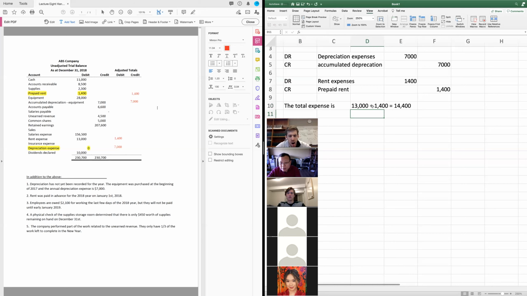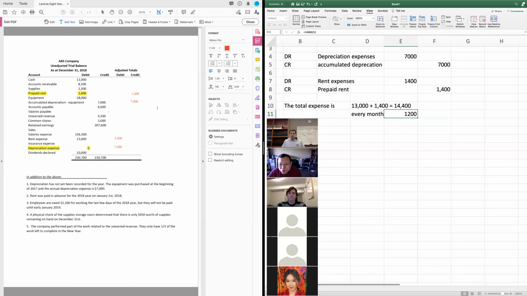That's the annual amount. And then every month, that's 14,400 divided by 12, so that's going to be 1,200. So I think maybe the bookkeeper made a mistake. Every month they are going to recognize 1,200 of rent expenses, right?